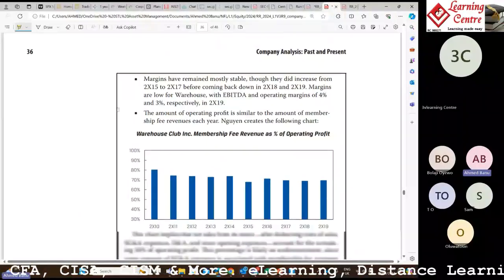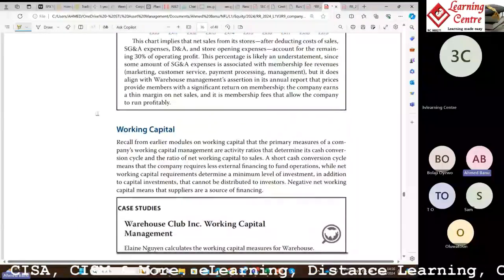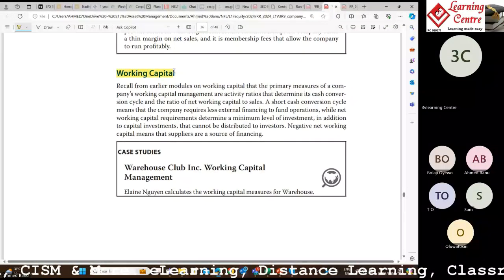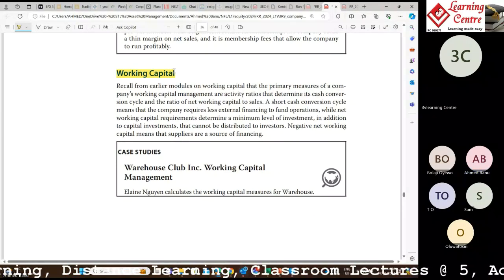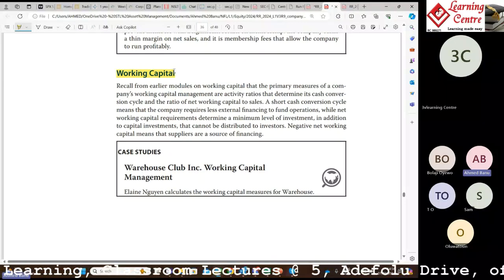So moving on, working capital and liquidity. We've looked at degree of leverage, looking at it from fixed cost and variable cost. Now we're looking at it from a working capital perspective.